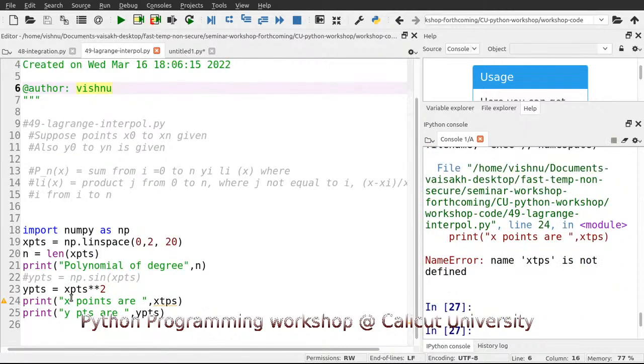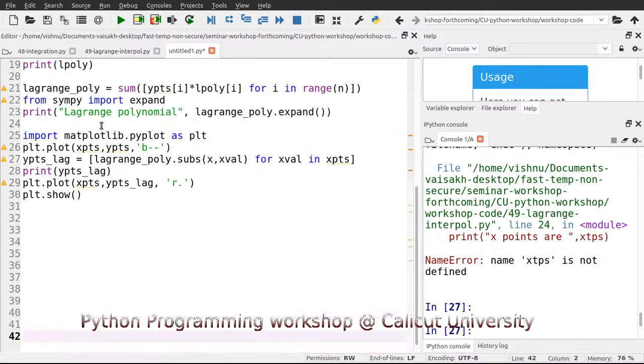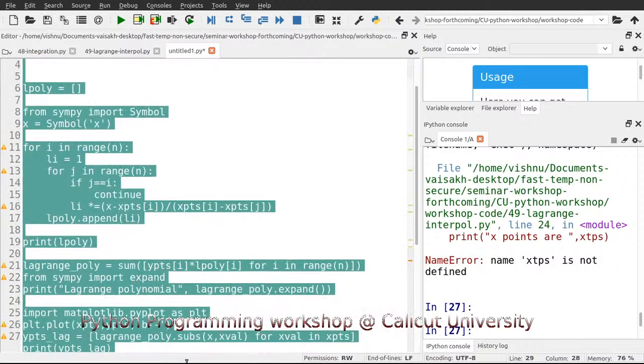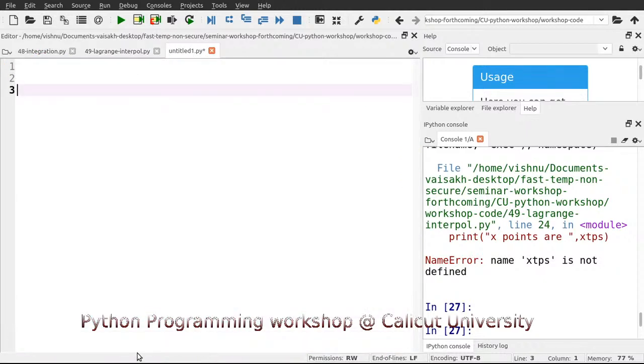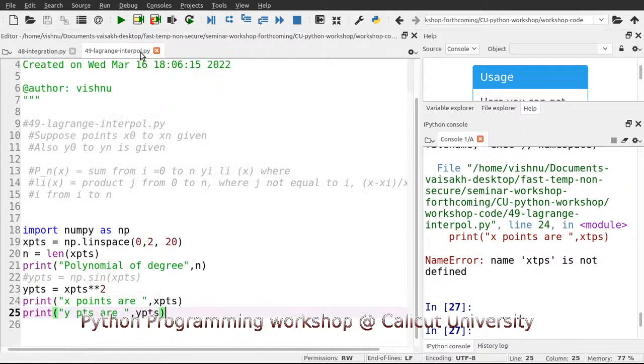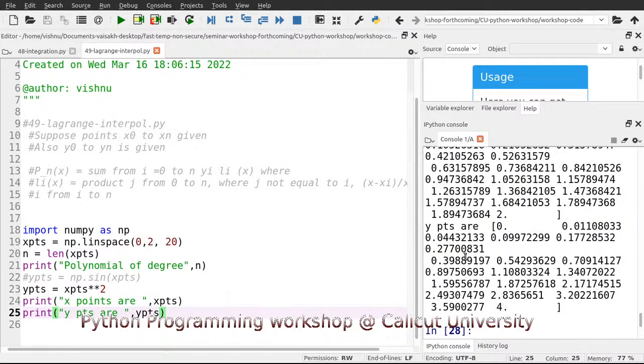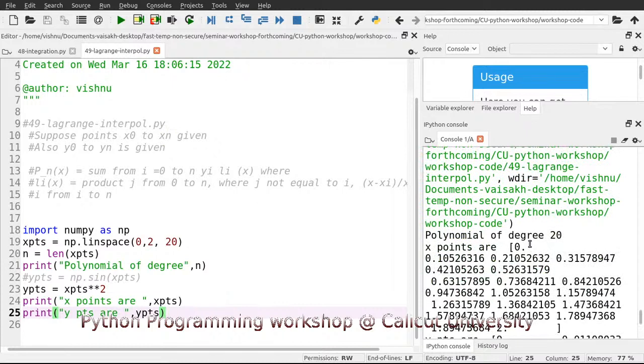Sorry, X points are... okay. What are the X points?